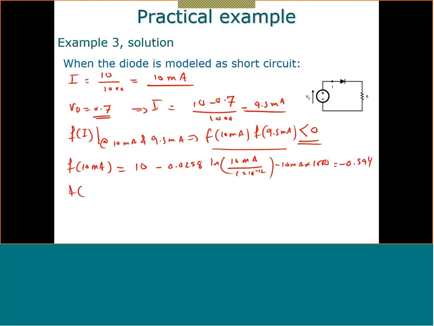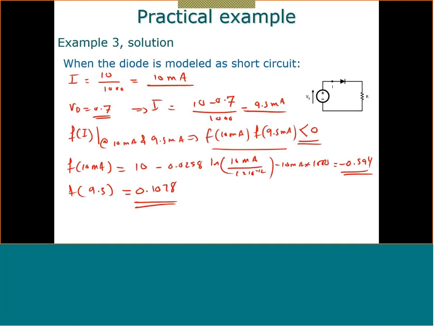If I find F at 9.3, this will equal 0.1078. So as you can see here, we have at least one root between these two numbers.